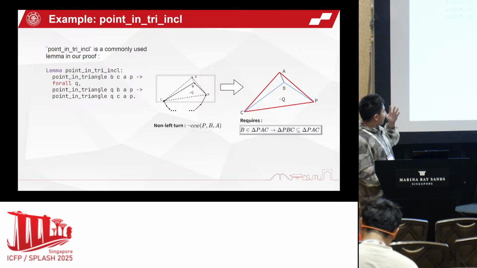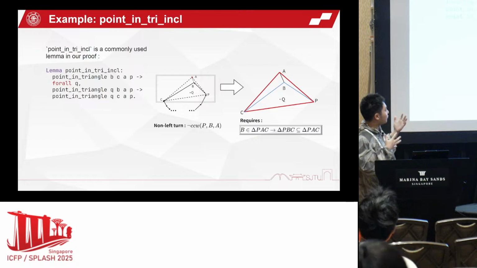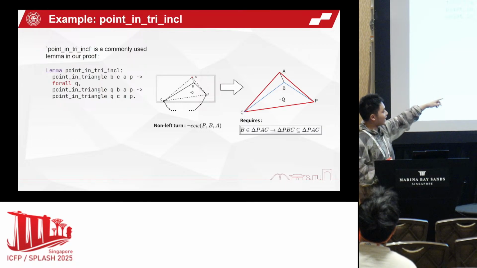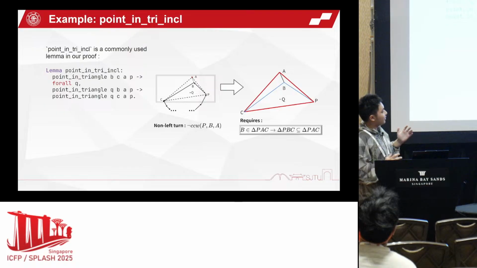Let's take an example to show how the proof can be difficult in some cases. For example, the point in triangle inclusion is a commonly used property in our proof process. It says that if B is inside the large triangle PAC, then the split little triangle PBC is covered by the larger triangle.